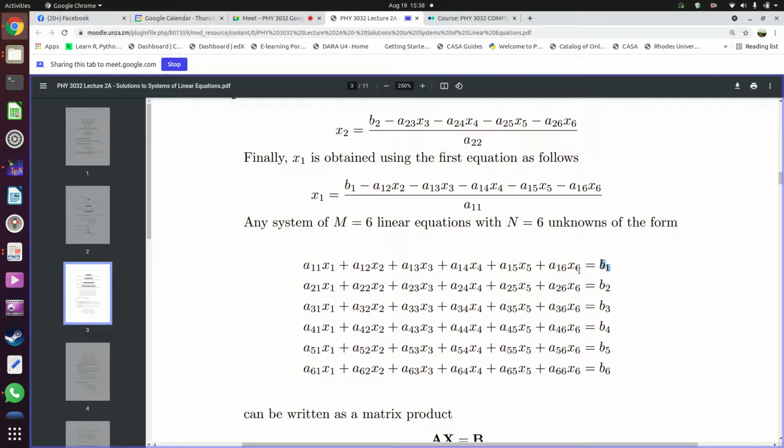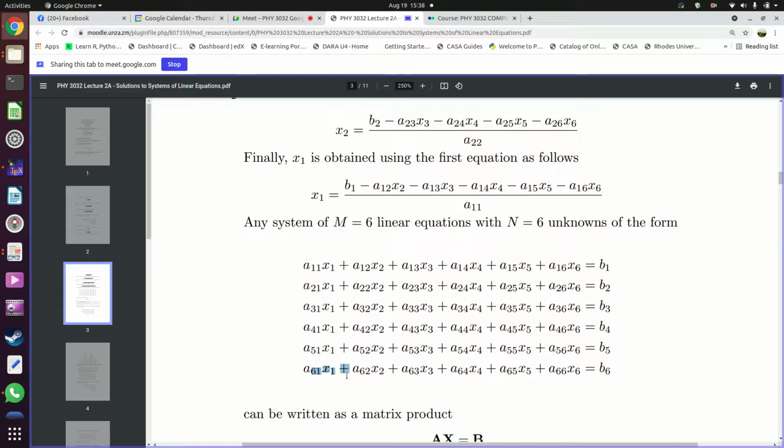Now if you have 6 unknowns, for you to find unique values for x1, x2, x3, x4, x5, x6, you need to have 6 other equations of the same type. And that's why we have got these equations: you've got 1, 2, 3, 4, 5, 6. You need 6 equations like these.